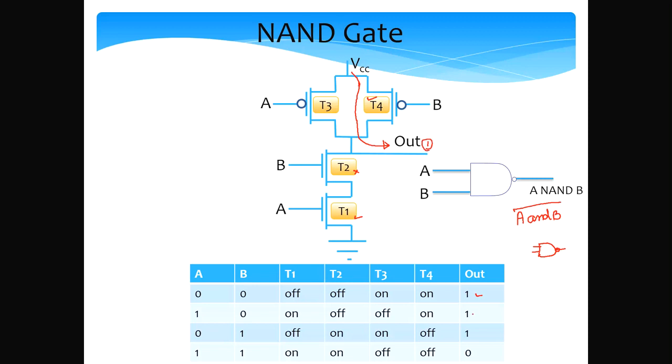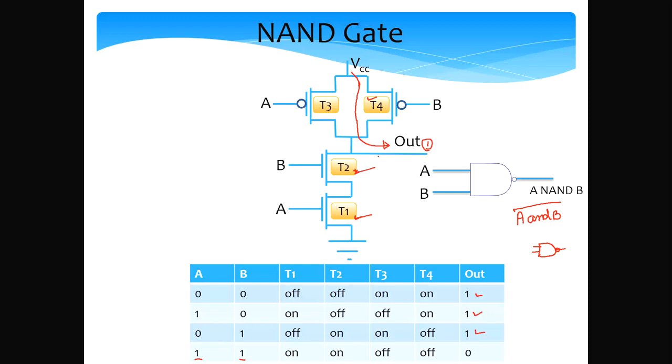I'll not be describing the other symmetric case here where A is 0 and B is 1, but the logic is very similar. In this case also the output is a logical 1. Let us now consider the case where A is 1 and B is 1. That's important because when A and B is 1, then A NAND B has to be 0. If A is 1 and B is 1, transistor T1 conducts and transistor T2 also conducts.